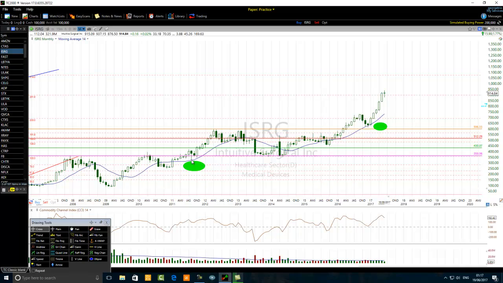So they bought it on the edge of the moving average 14 after the breakout. It's not just by chance that the price slowly retests the moving average 14, where all the orders were packed to buy. Those orders were filled and the price went back up quickly above that high.